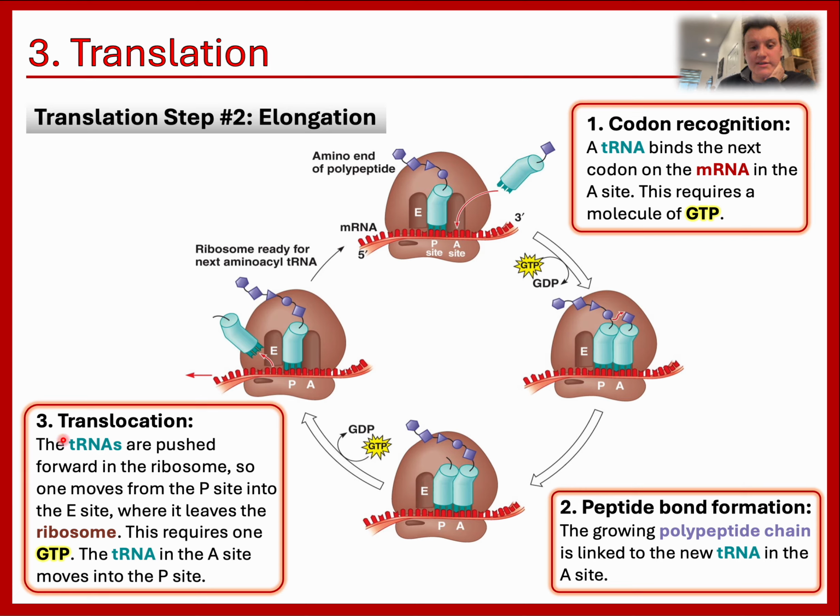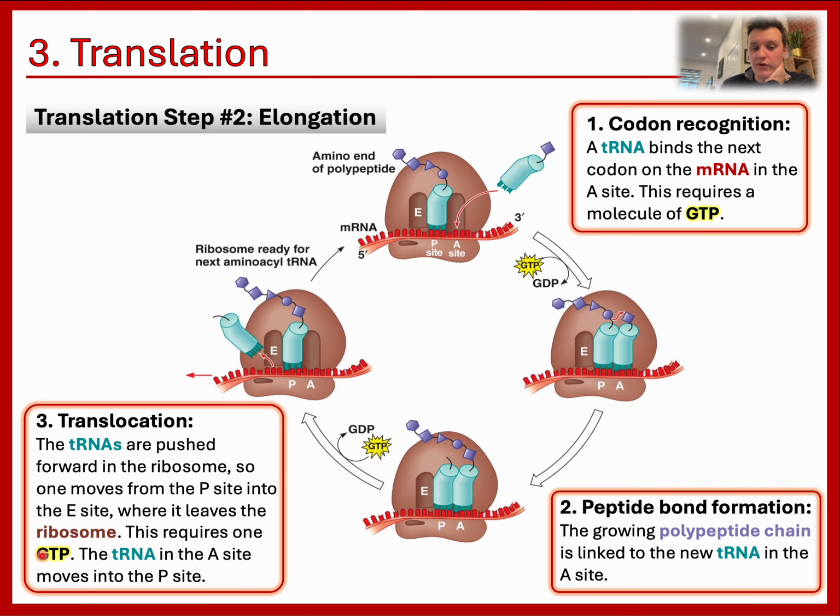And the last part is translocation. So once you've passed it on here, the tRNAs are pushed forward in the ribosome. So the tRNA moves from the P site into the E site, where it leaves the ribosome. This little P tRNA goes to the E site, and this little A one goes into the P site.